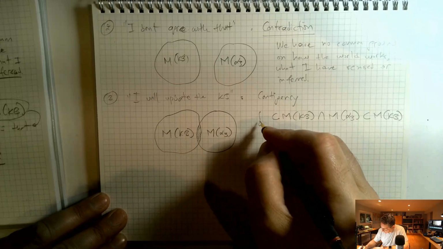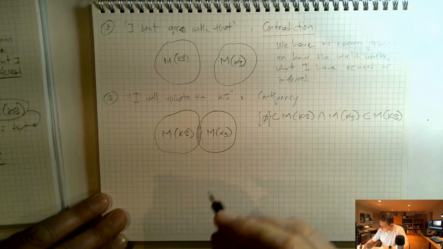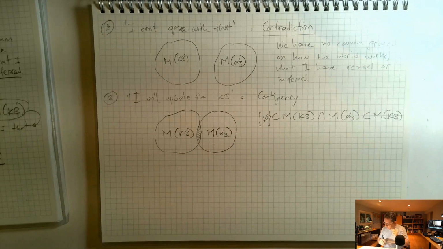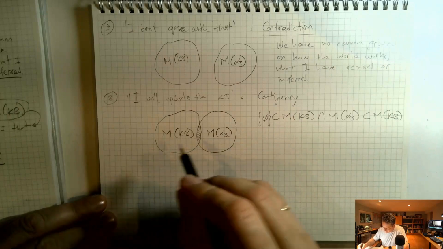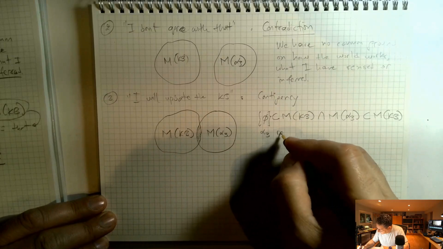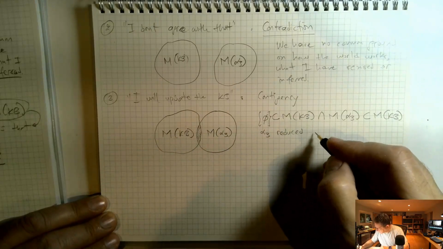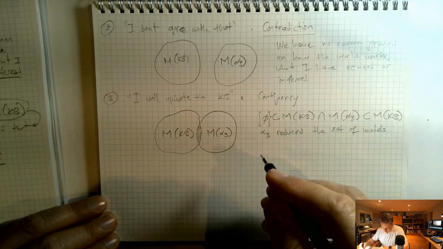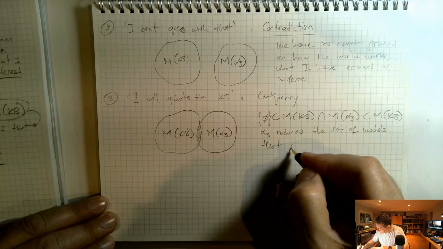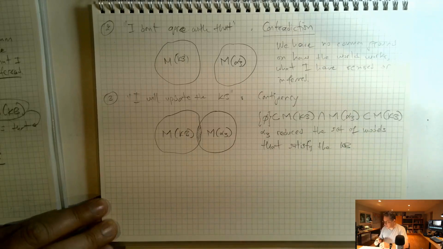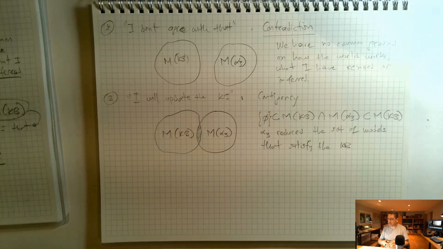So the null set is a strict subset of the set of models that satisfy the knowledge base. And we can interpret this as follows: the sentence A3 reduced the set of models that satisfy the knowledge base, and this reduction is effectively the synonym of adding more information to the knowledge base.